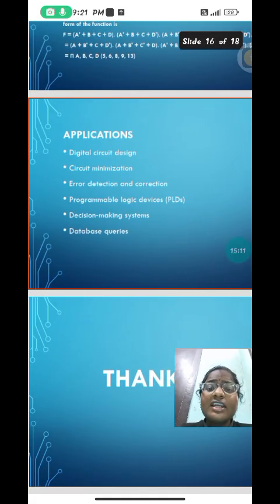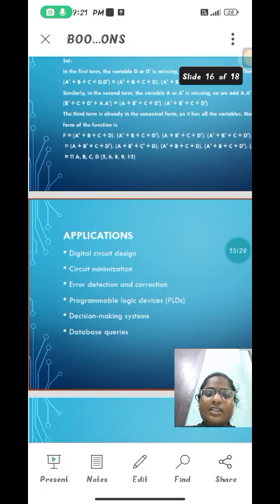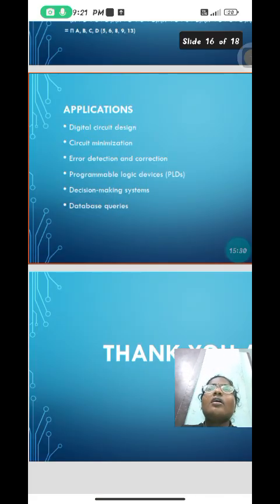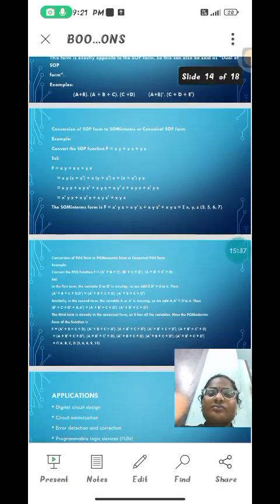Third one is error detection and correction. Also we use programmable logic design. We will see the SOP conversion. Programmable logic devices are also used in decision making systems and database queries. In this way we solve the applications.